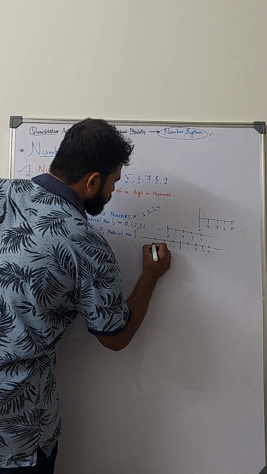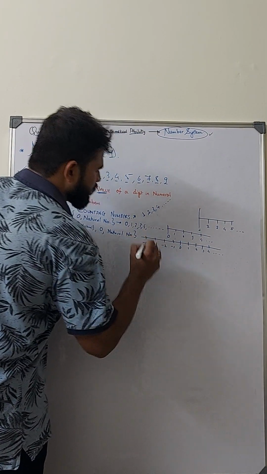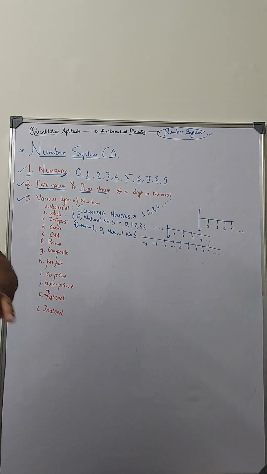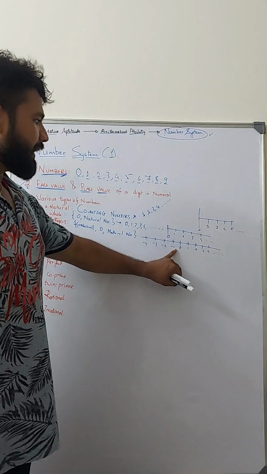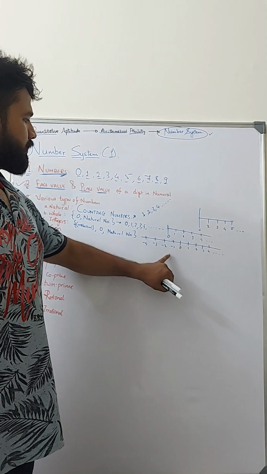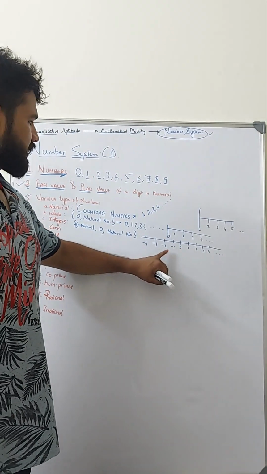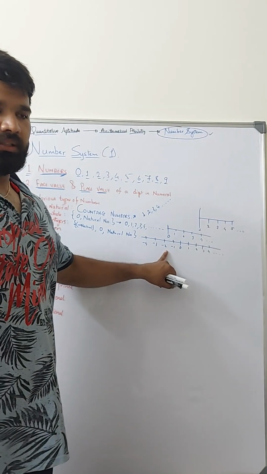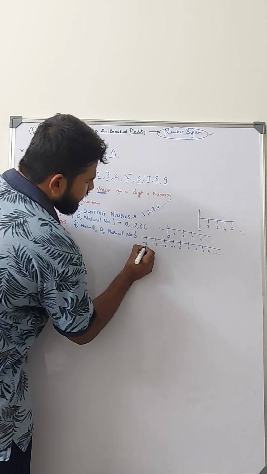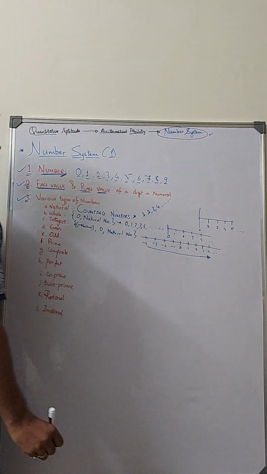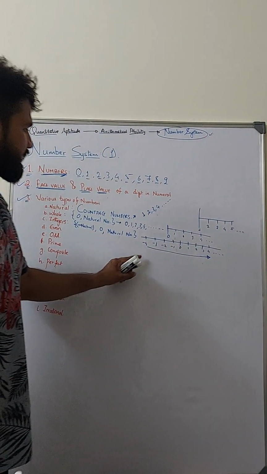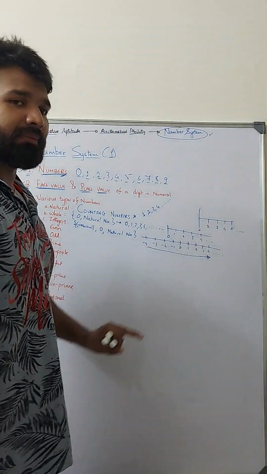-1, -2, -3, -4. Over here, I would like to give you one note: -1 is lesser than 0, -2 is lesser than -1, -3 is lesser than -2. So this is the increasing order. Don't mistake that -4 is greater than -3.